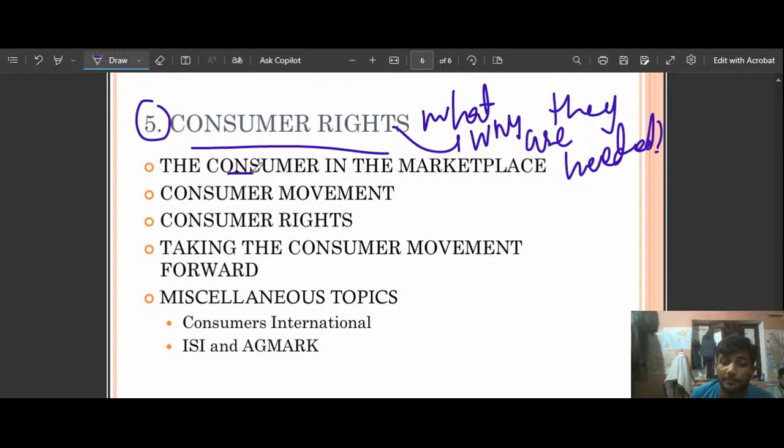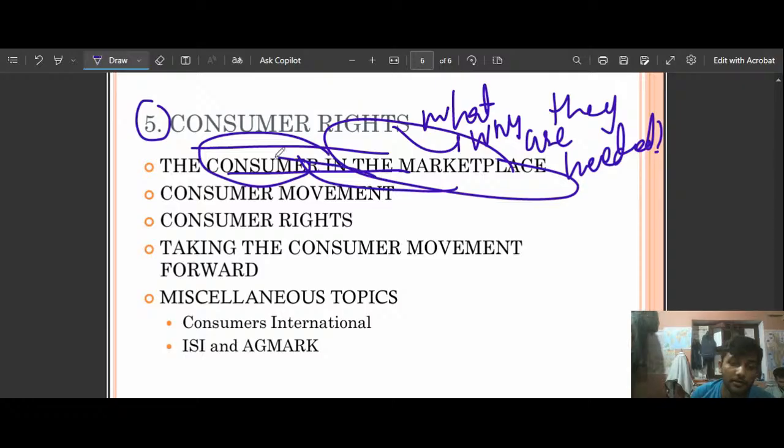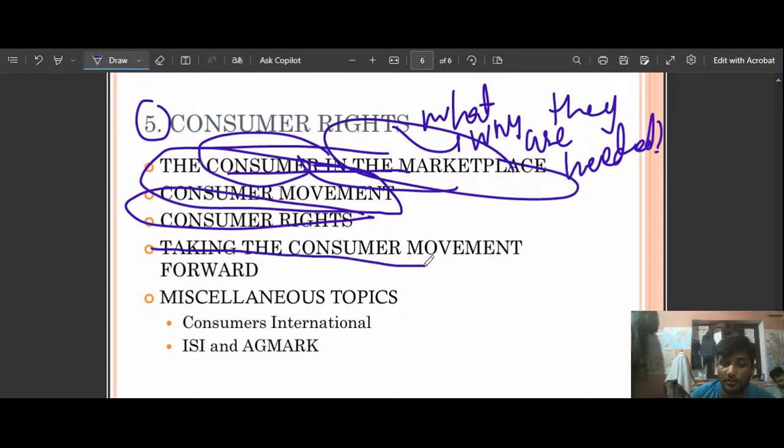Consumer in the marketplace, the role of consumers. Basically this is the role of the consumer in the marketplace. What are consumer movements, consumer rights, taking the consumer movement forward.